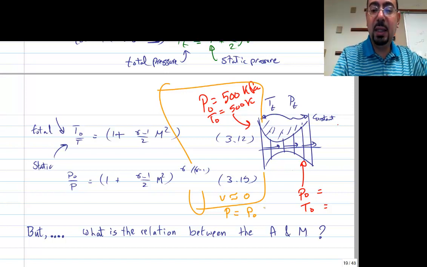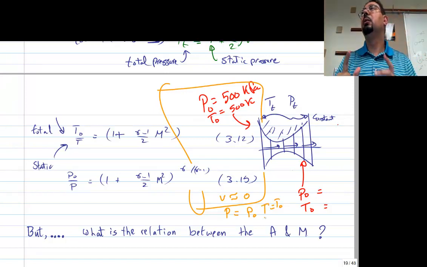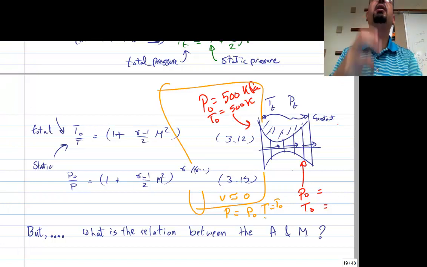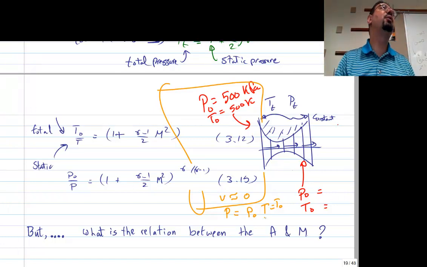All right? And T is T naught. So when the problem says the reservoir pressure and the reservoir temperature at the beginning of the nozzle is this much, you should also think this is the stagnation pressure and the stagnation temperature. Because the area is so big, the velocity is really small.